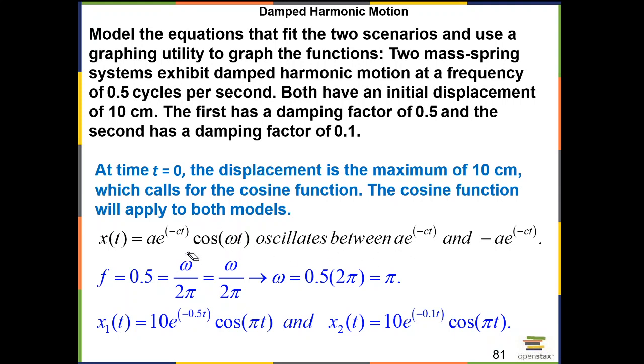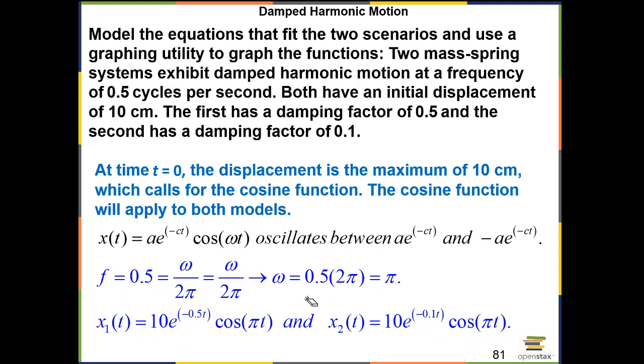So we use the formula. We are given the maximum displacement is 10, and we are given that c is either 0.5 or 0.1. So there are two systems. This is with 0.5 and this is with 0.1. And the frequency is 0.5, so that means omega over 2 pi is 0.5, so omega is pi. So omega here is pi, and we are done.